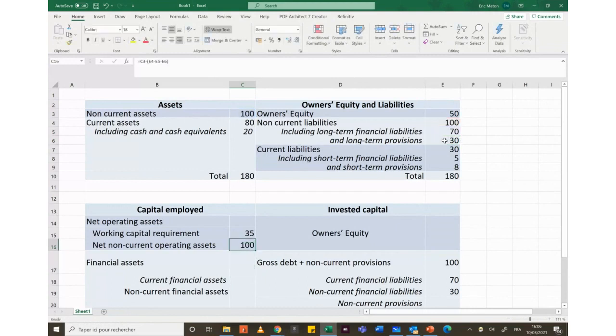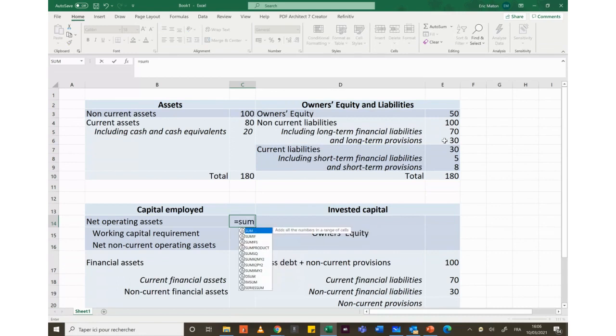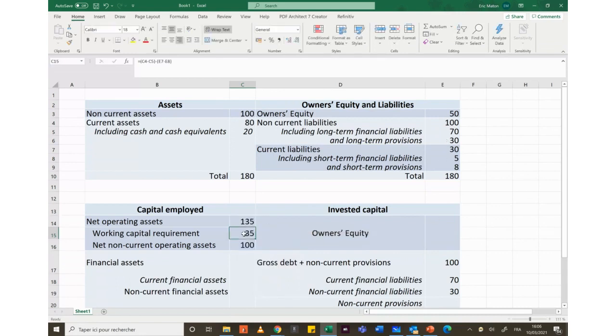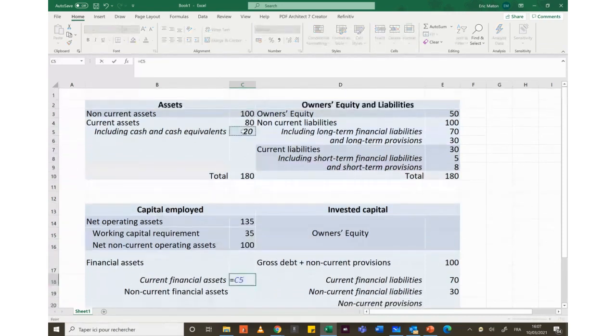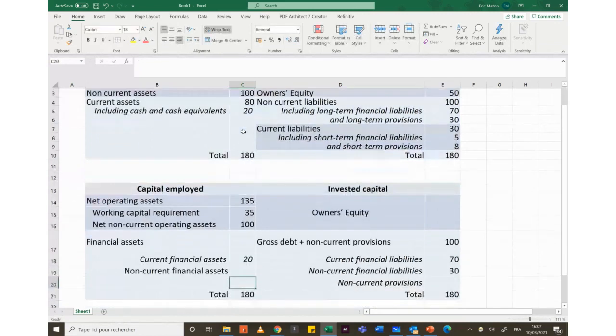So the net operating assets is the sum of the two, 135. In the financial assets, I have current financial assets, the 20, and I have nothing in the non-current financial assets. So the total financial assets is 20. So in the capital employed, we have 135 plus 20, 155.